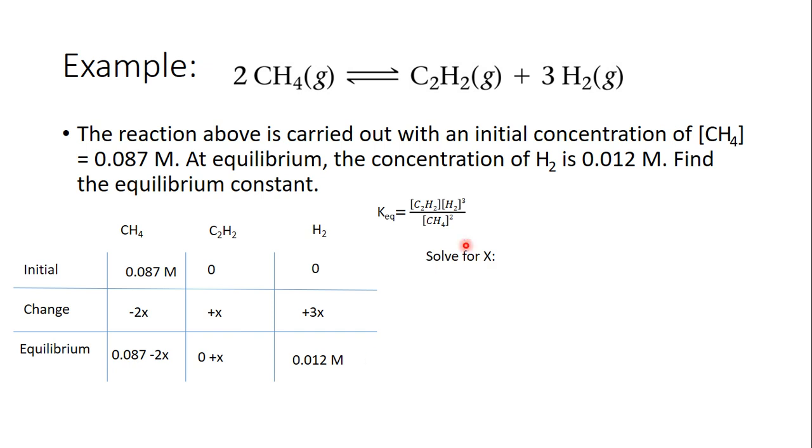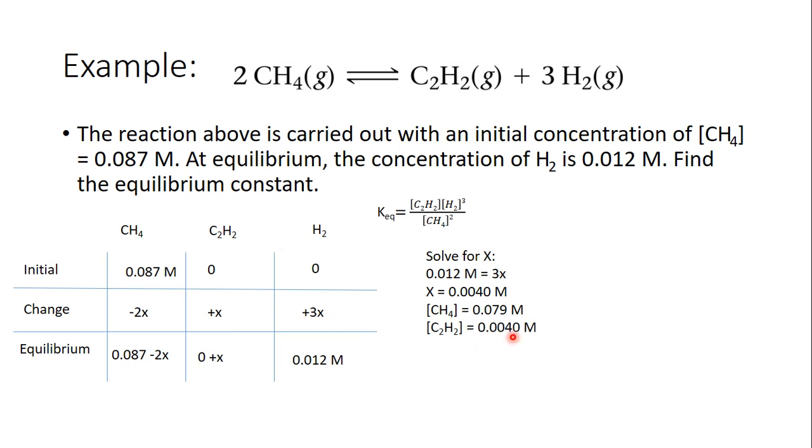Now we have enough information to solve for x, because for H2, we started with 0, we gained 3x, and we ended up with 0.012. So 0.012 is equal to 3x. We divide each side by 3. x is 0.004 molar. Now that we know x, we can determine the equilibrium concentration of our other 2 species. CH4 is 0.087 minus 2x, which is 0.079.